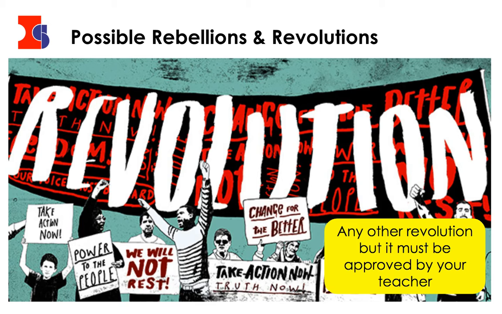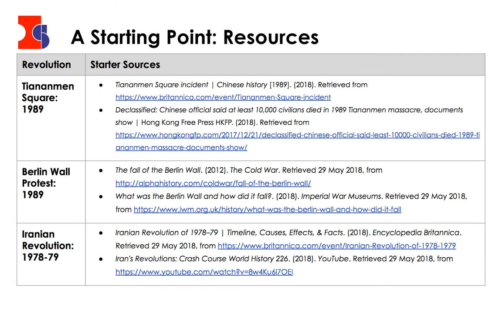Okay, so think about the sort of revolution that you might be interested in. That really is today's task, for you to start exploring and making sure that you are aware of what revolutions exist and which one you're going to find most interesting. Now, for the ones I've talked about, we've given you two sources to start some background reading.